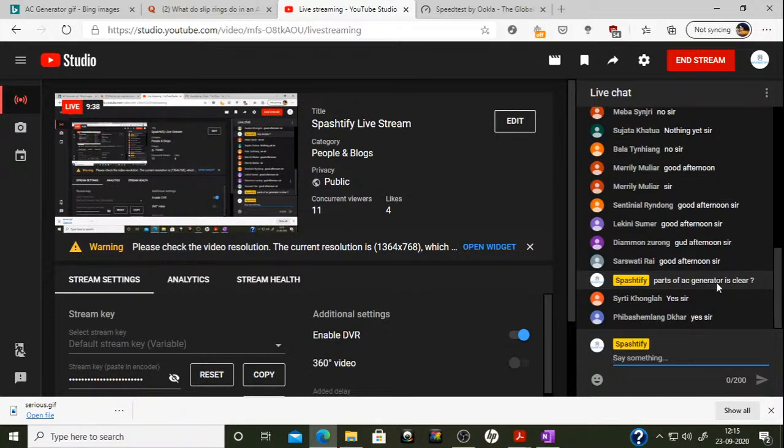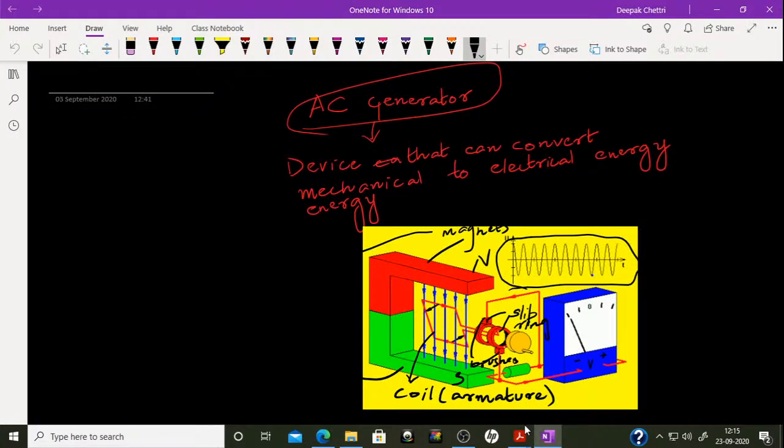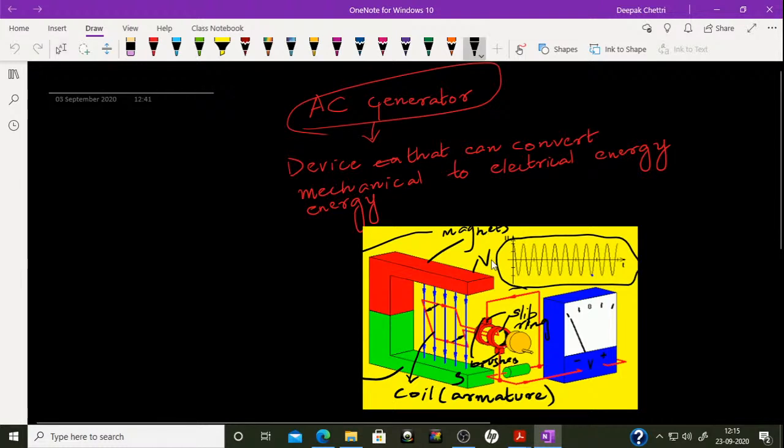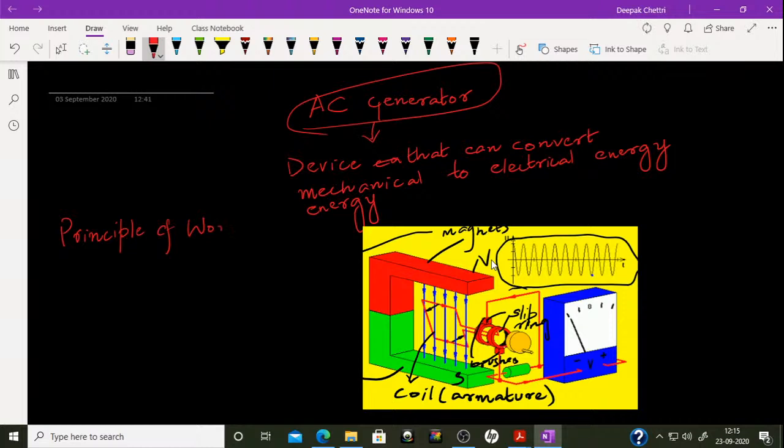Okay, so that is how an AC generator looks, right. Now how does it work? Principle of working. An AC generator works on the principle of electromagnetic induction, which we have already studied. What does it mean?